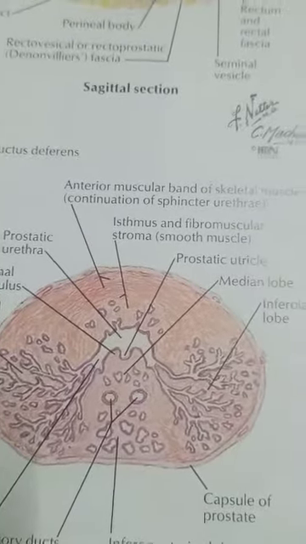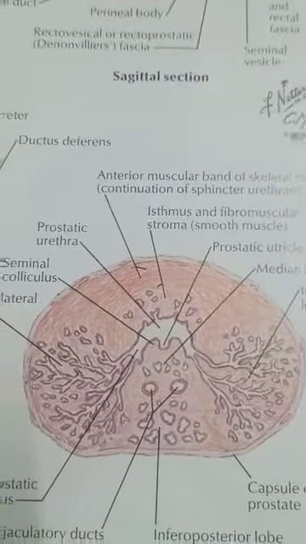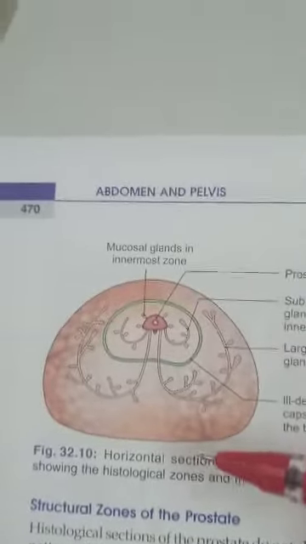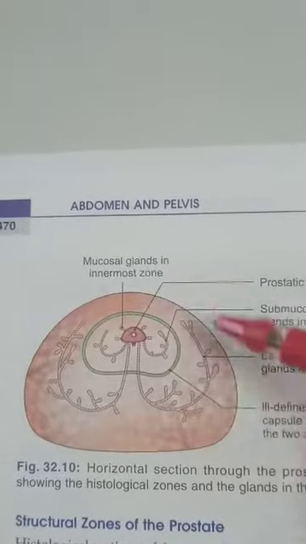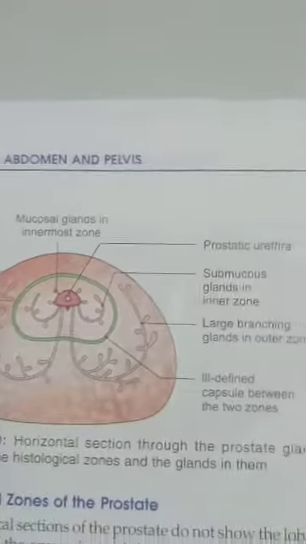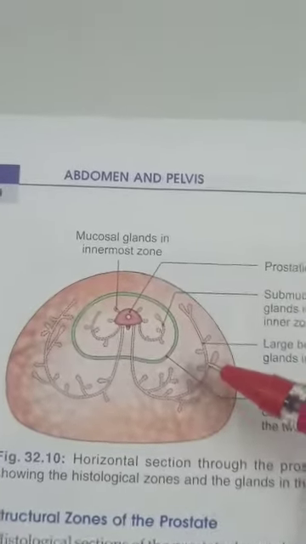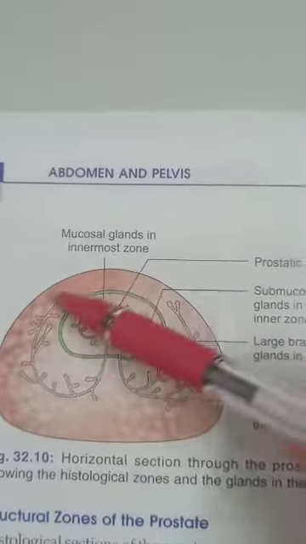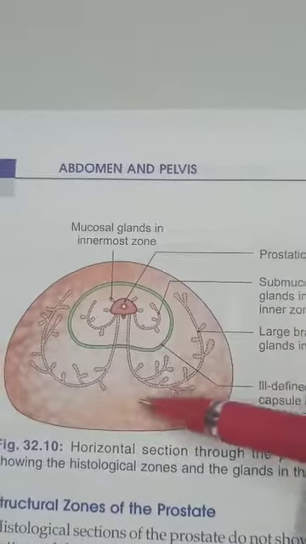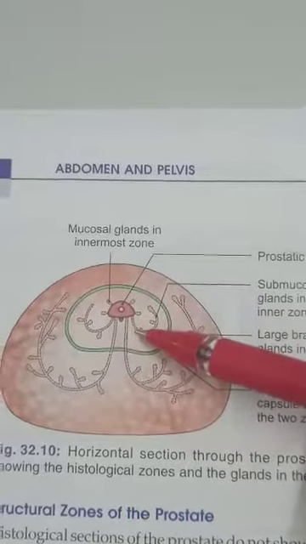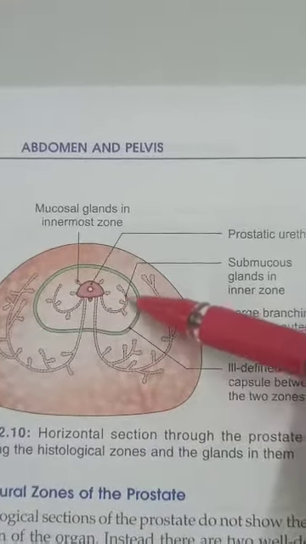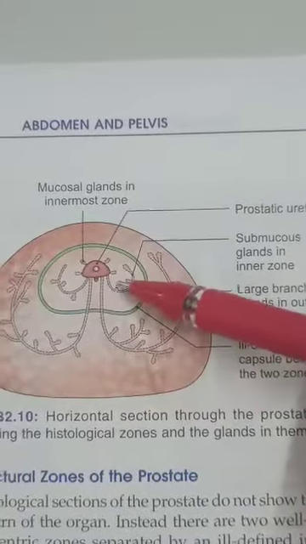Then we come to the structure of the prostate. So the structural zones of the prostate. In this diagram you can see the structural zones of the horizontal section of the prostate gland. Here we can see there are 2 zones. There is an outer larger zone which has more glandular tissue and ducts, and an inner smaller zone which also has a small amount of glandular tissue with small ducts.